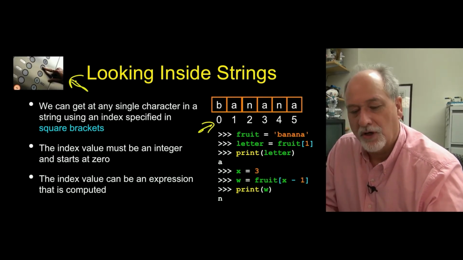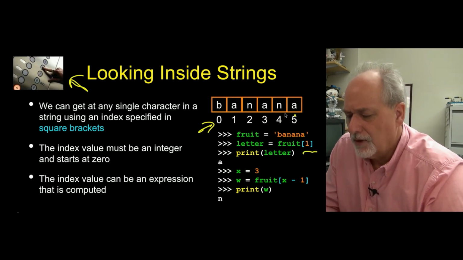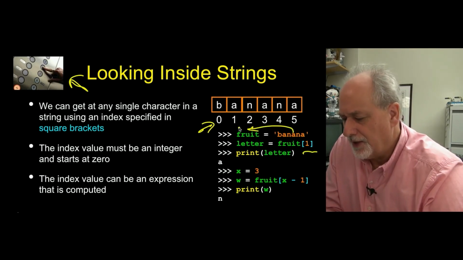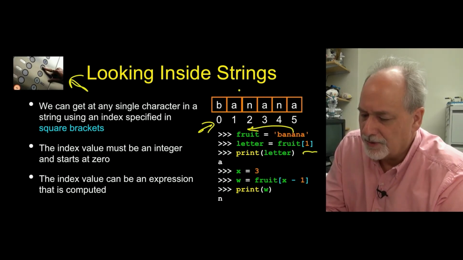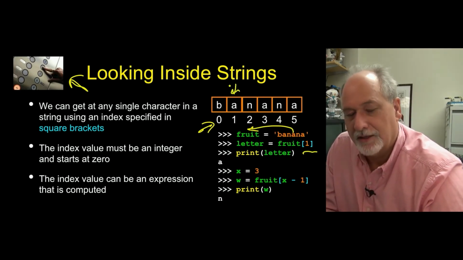We have this operator called the index operator, and it's square brackets. Fruit is a variable that contains the string banana, and fruit sub 1 is the character in position 1. That actually is the second character. I'll keep reminding you until I get tired of reminding you.